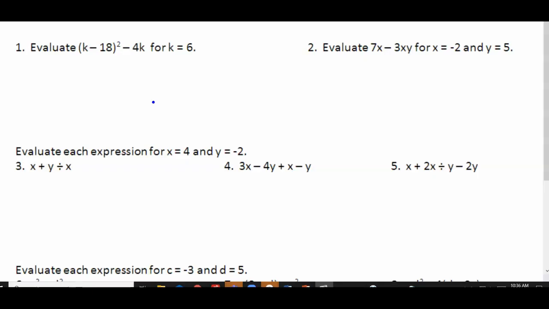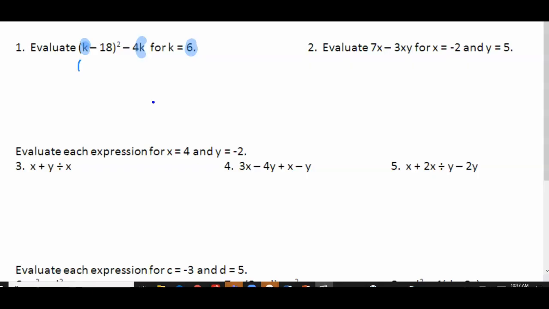Number 1 says evaluate k minus 18 squared minus 4k, when k equals 6. So everywhere we have a k in the problem, we're going to replace it with 6.